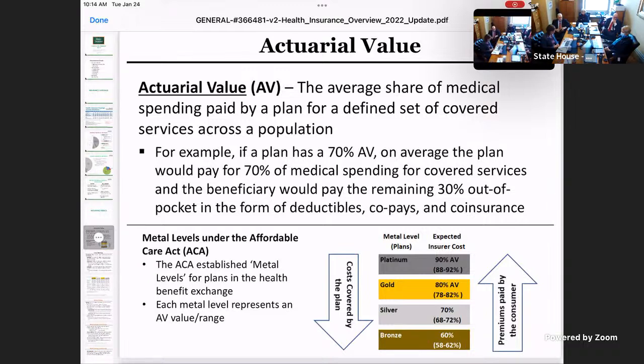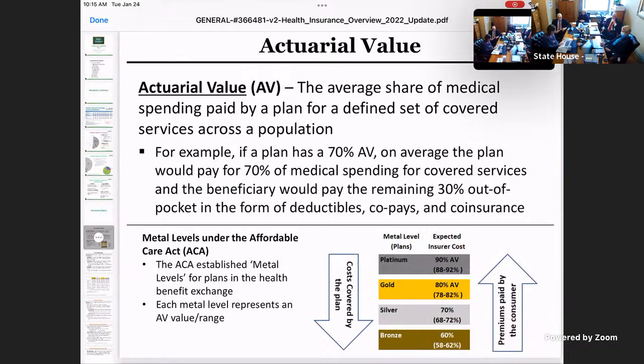One, so that people know roughly what their out-of-pocket costs are going to be within those plans, but also the federal government uses those different tiers to figure out what subsidies are going to be available for certain plans. So what selection an individual makes when deciding on their plan is going to be a combination of both their out-of-pocket costs, but also whether the plan they're choosing allows them to get federal subsidies if they meet the income threshold for those subsidies.